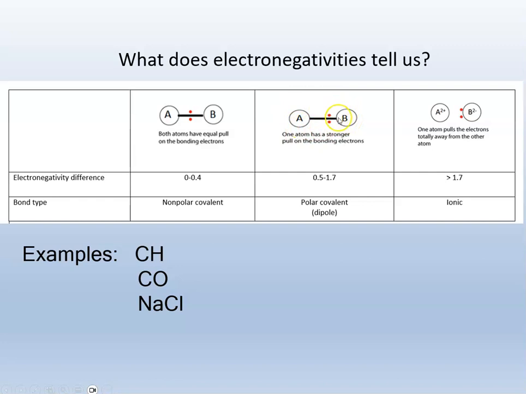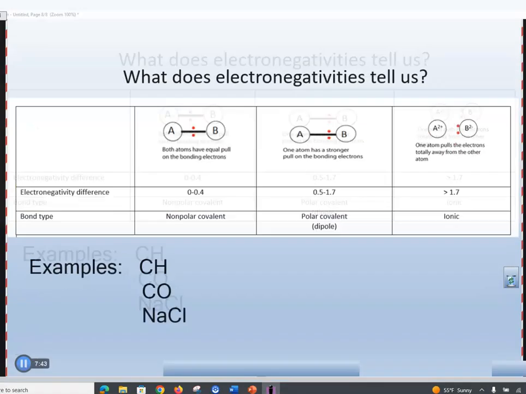Dipole means one side slightly positive, one side slightly negative, which leads us to a polar covalent bond. And then one atom completely takes electrons away. That's going to be an ionic bond. So let's look at these three. We've got a bond between C and H, a bond between C and O, and a bond between sodium and chlorine, NaCl. So let's look at those and see how we're going to do them.